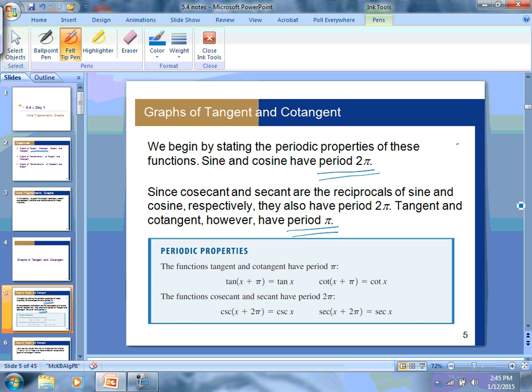Keep in mind that since the cosecant and the secant are going to be inverses of the sine and the cosine, they'll also have a period of 2 pi. But again, we're not dealing with that today. That's just kind of a review of sine and cosine and then a hint of what's coming up in the next section. So today we're just going to focus on the tangent and the cotangent, and they both have periods of pi.